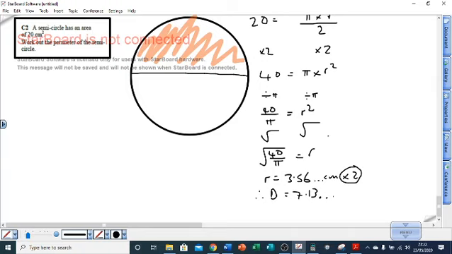So circumference, we're going to use the formula circumference equals pi times diameter. Well, arc is only part of the circumference. How much of the circumference? Well, we want half of the circumference. So it is pi times diameter divided by 2. In other words, a half of pi times diameter.